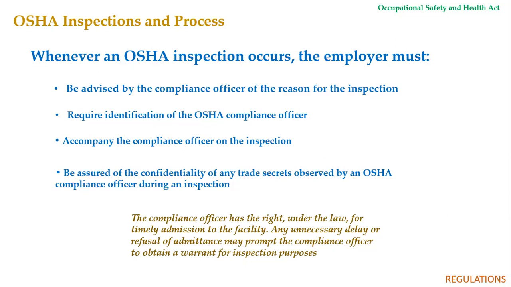Also, the employer may require identification of the OSHA compliance officer, and the employer should accompany the compliance officer on the inspection, and the employer should be assured of the confidentiality of any trade secrets observed by the OSHA compliance officer during an inspection.